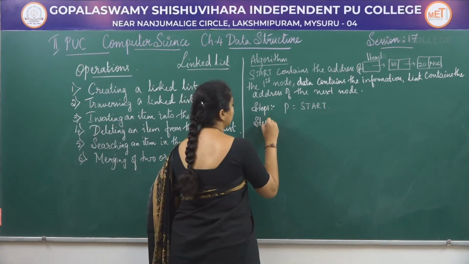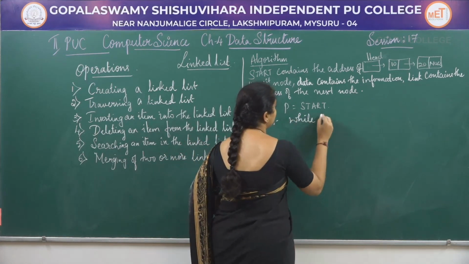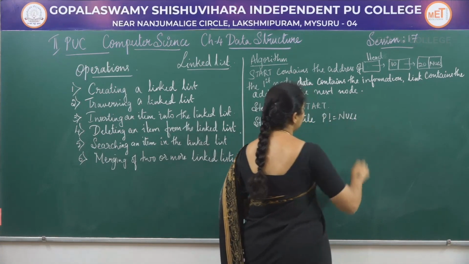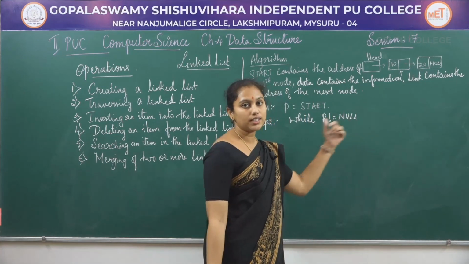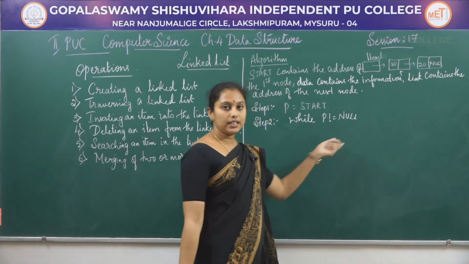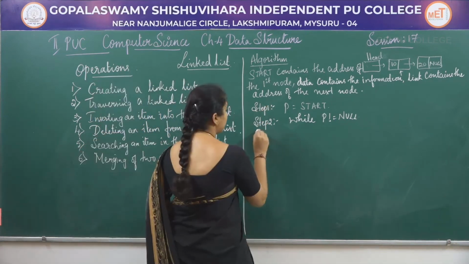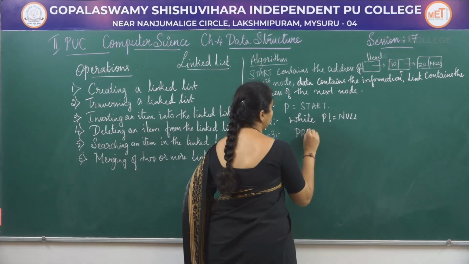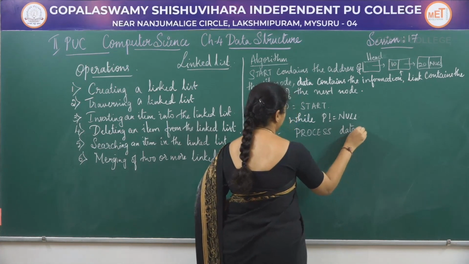Step 2: while P is not equal to null, that is, if the node's link part does not contain null, then we can fetch the data of that node. Step 3: process data.